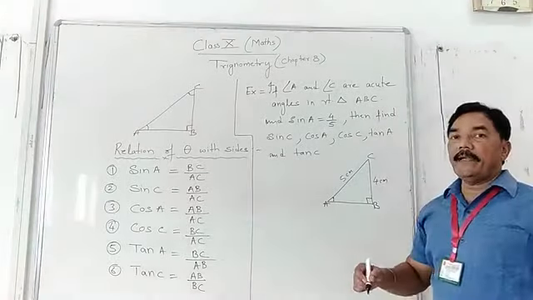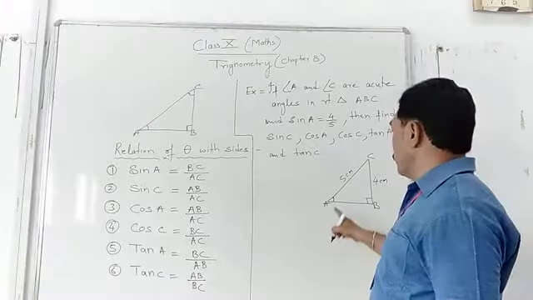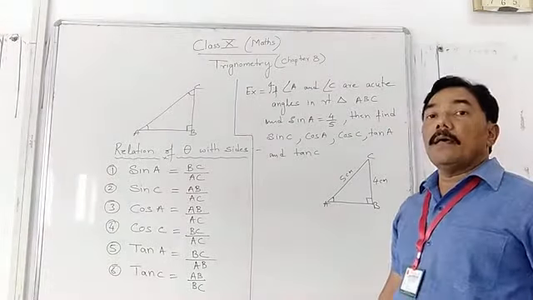Now you need to find side AB using the Pythagoras theorem.